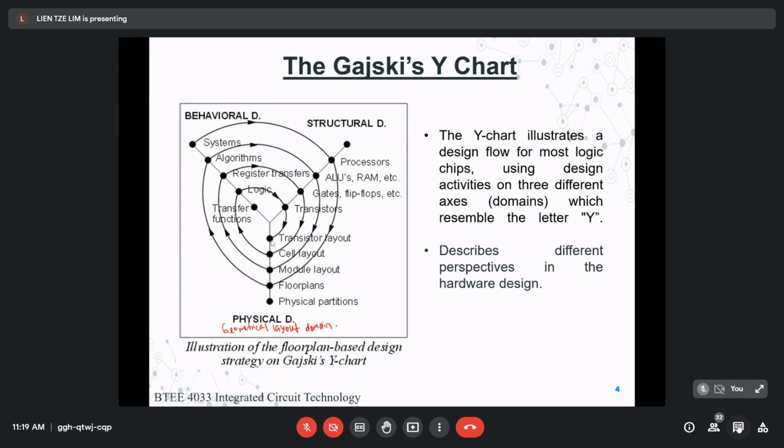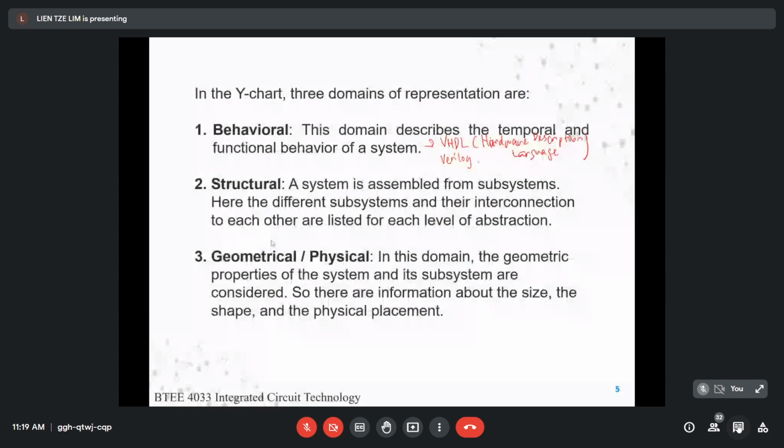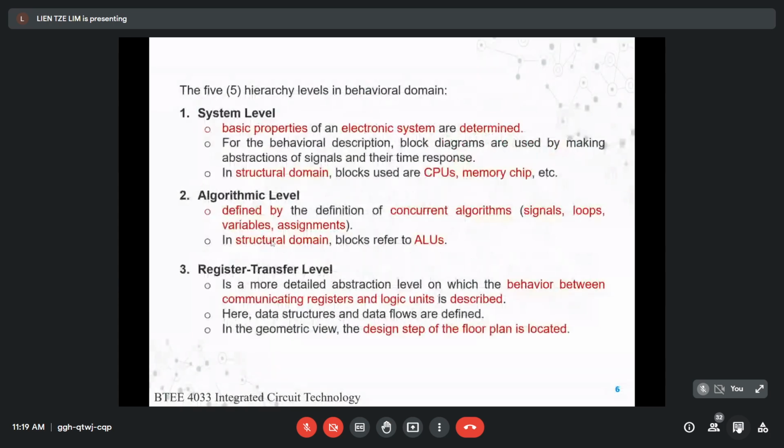So this is how we can relate all of these design representations in three different domains. The descriptions here that I will cover all have a relationship. They are related at different levels in three different domains.